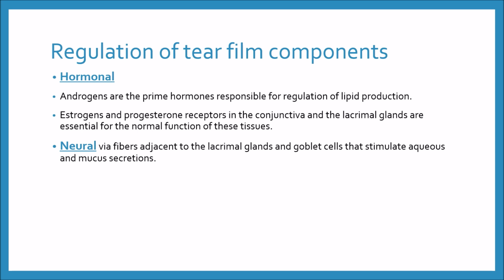The hormonal component is based on androgens, which are the prime hormones responsible for regulation of lipid production. Estrogen and progesterone receptors in the conjunctiva and the lacrimal glands are essential for the normal functions of these tissues. Neural via fibers adjacent to lacrimal glands and goblet cells that stimulate aqueous and mucus secretions.